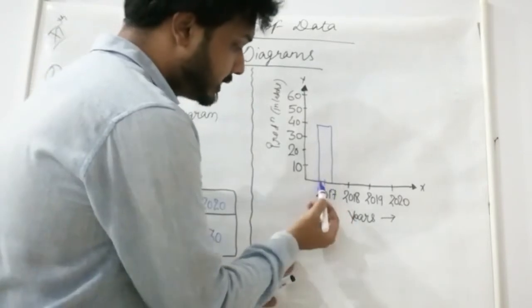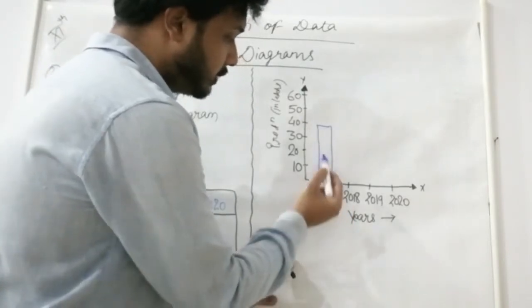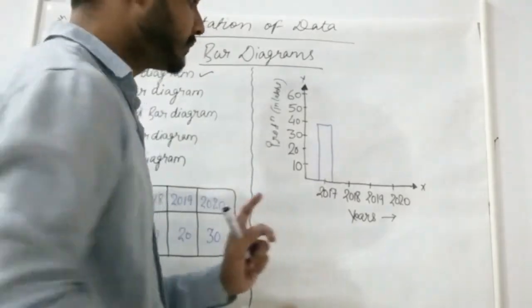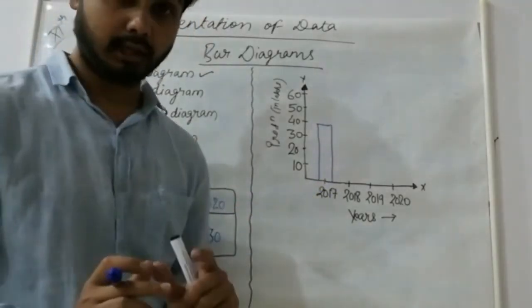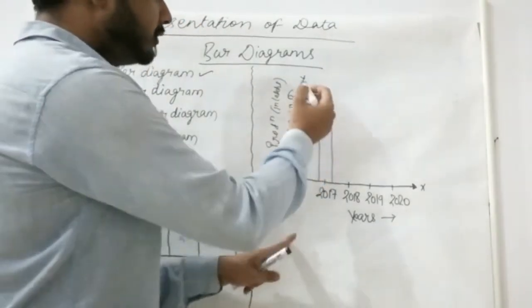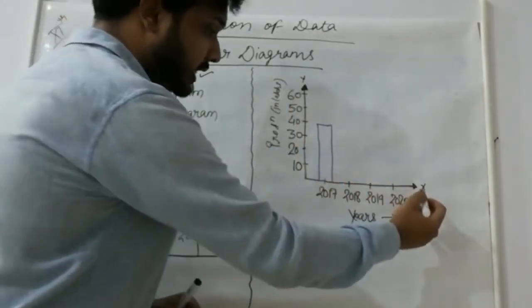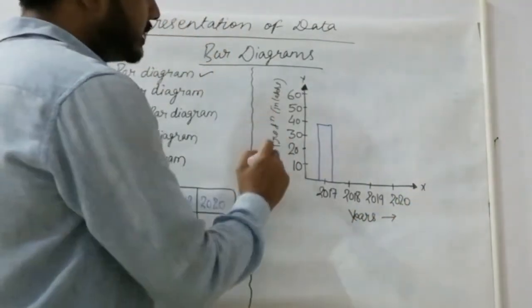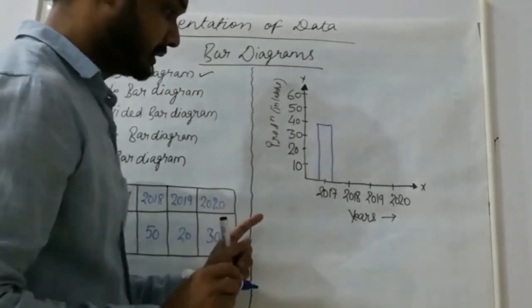These are the minor things which we have to keep in mind. The year which is written is covering the whole bar, so it should be written like this. So students, in a simple bar diagram, firstly we made the y-axis and the x-axis, we represented the years on the x-axis and the production on the y-axis.